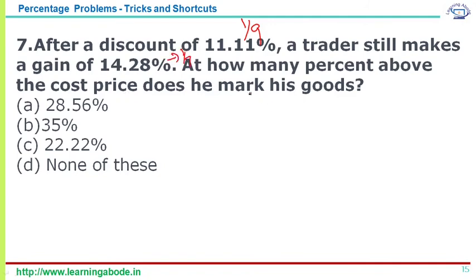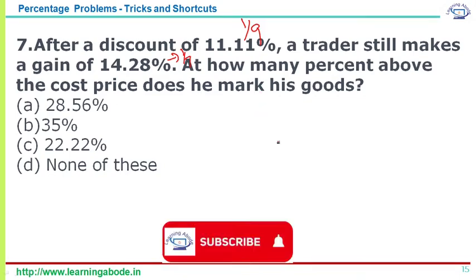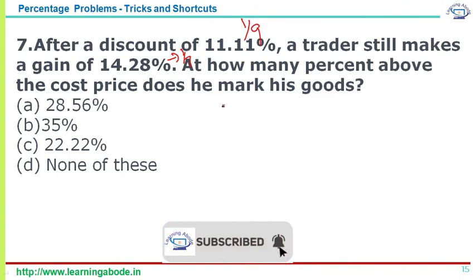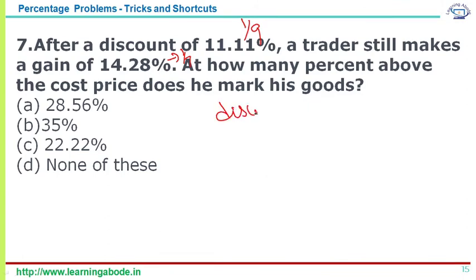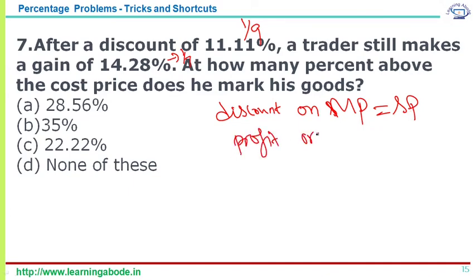How many percentage above the cost price does he mark his goods? We all know that the mark price after a discount is your selling price. Also, profit or loss on cost price gives the selling price. So this becomes your left hand side and right hand side.